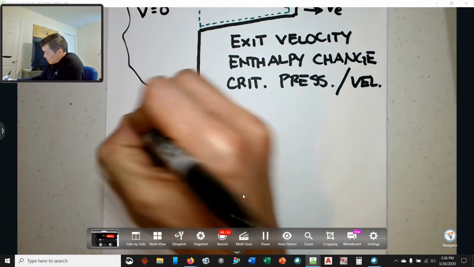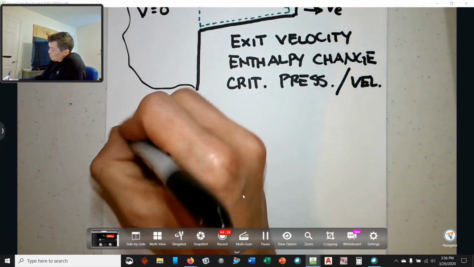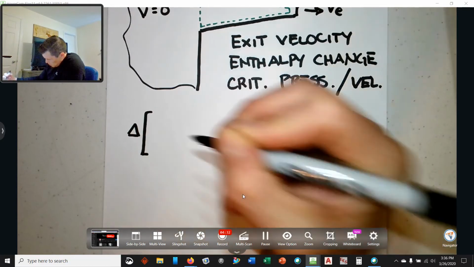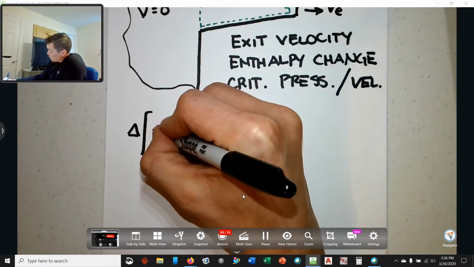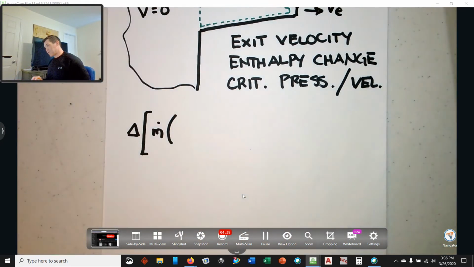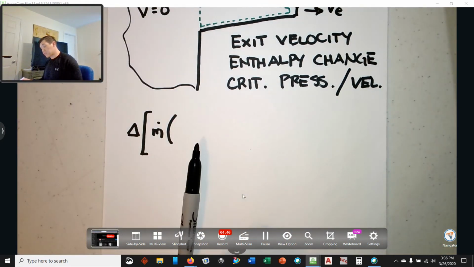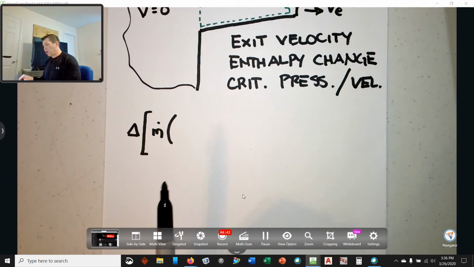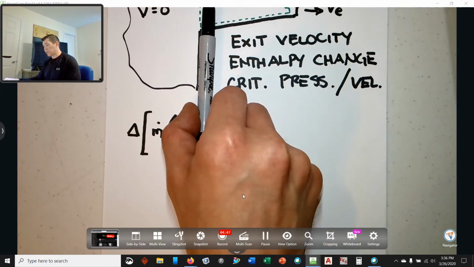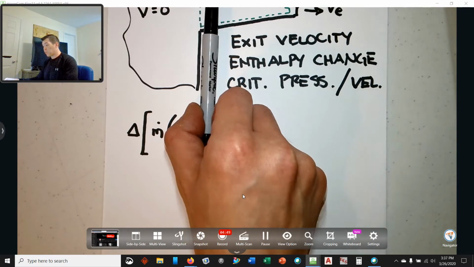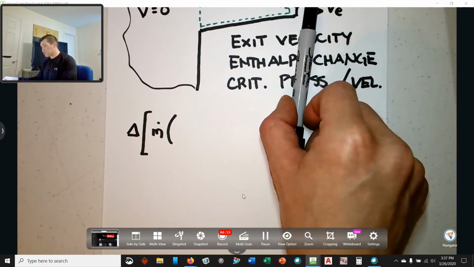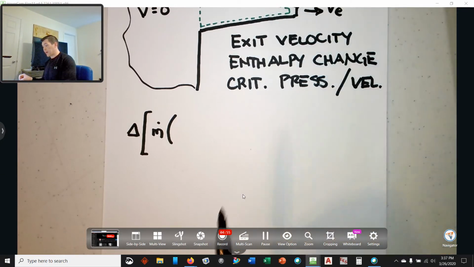We could look at this as from state 1 to state 2, a delta of the mass flow rate times... So we kind of think about this as an open system. It is an open system, but all the energy that this fluid could possibly be bringing into our control volume, we want to make sure we include. And whatever energy it leaves with, we want to make sure we subtract.